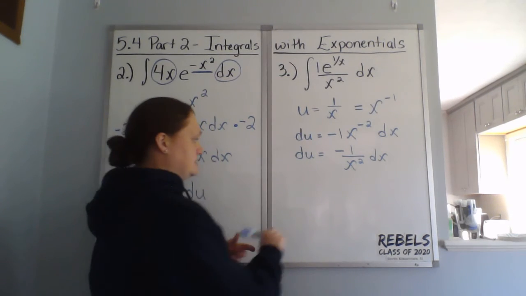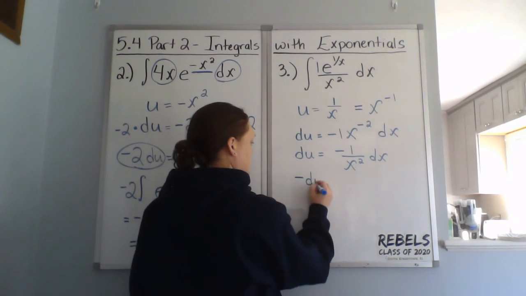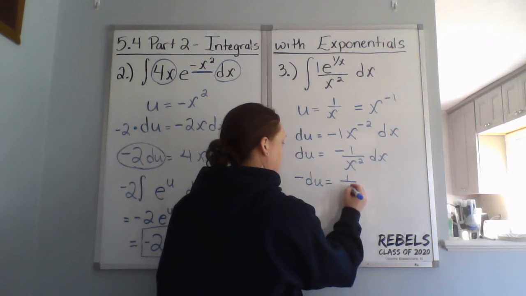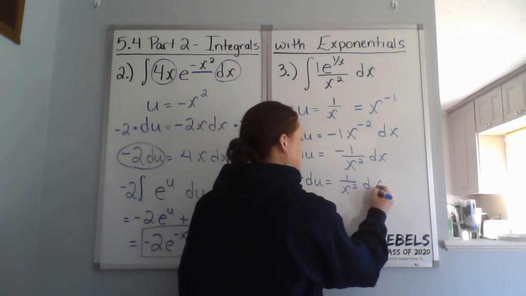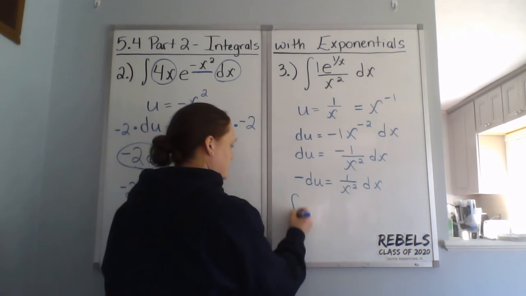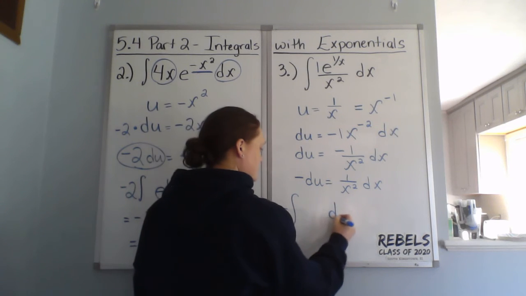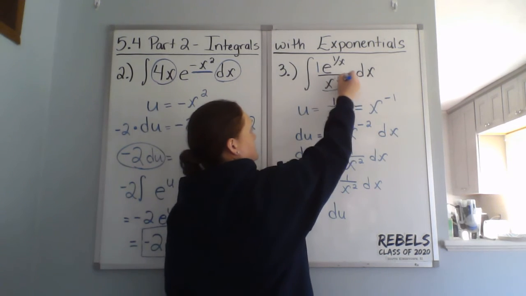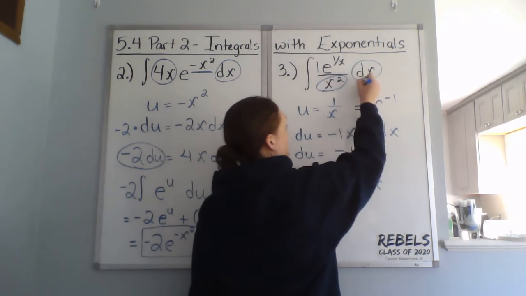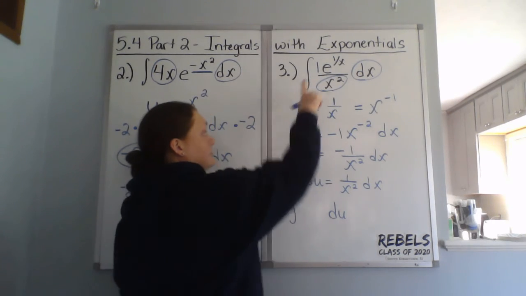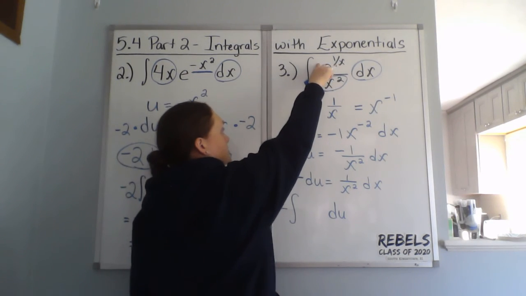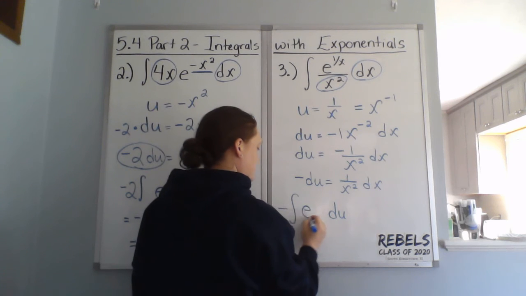So this is now going to become negative du is equal to 1 over x squared dx. When I do my rewrite, the negative du essentially replaces this denominator x squared and this dx, and that leaves me with e to the u again.